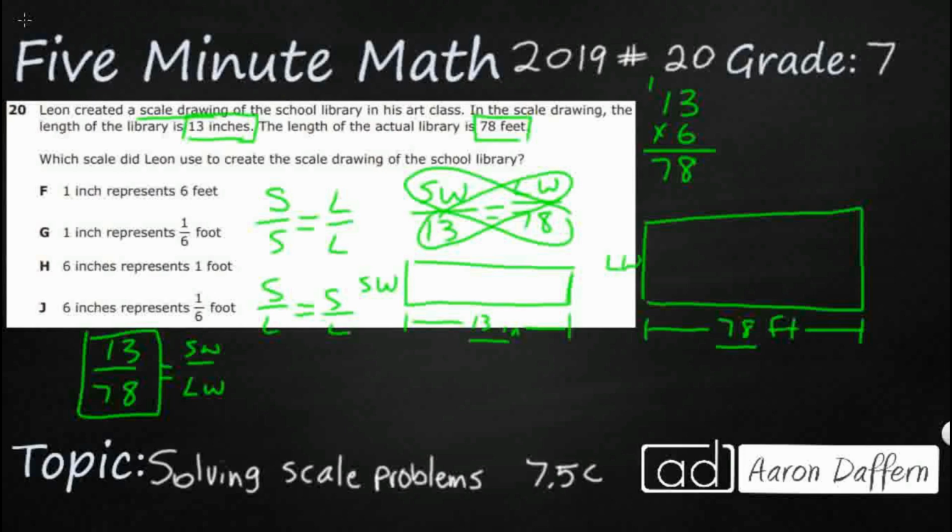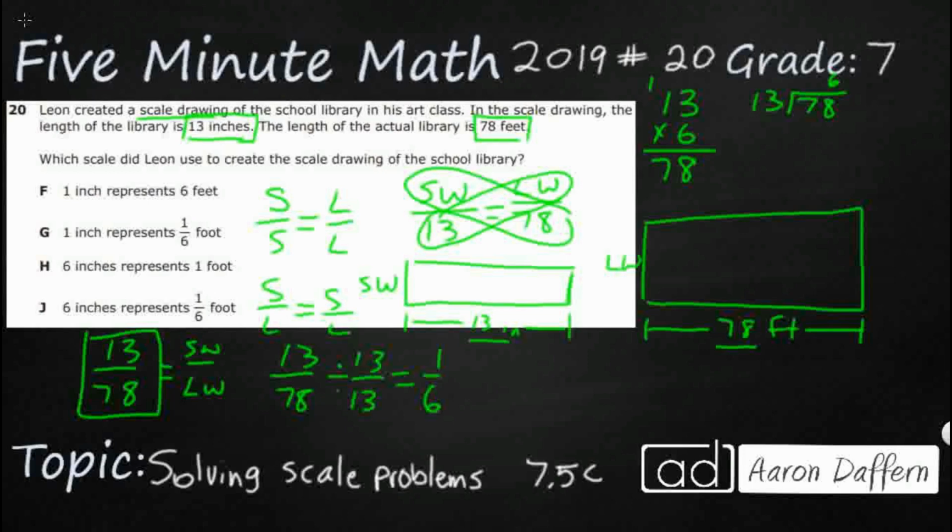Okay, so 13 goes into 78 6 times. So watch, I could take my 13 over 78 divided by 13, and I can reduce it to 1 over 6.